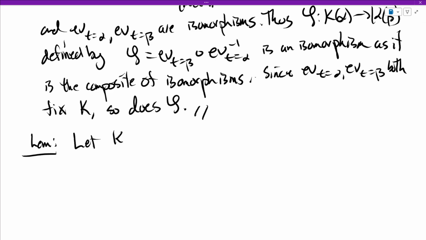Lemma: let k adjoin alpha over k be a simple algebraic extension.